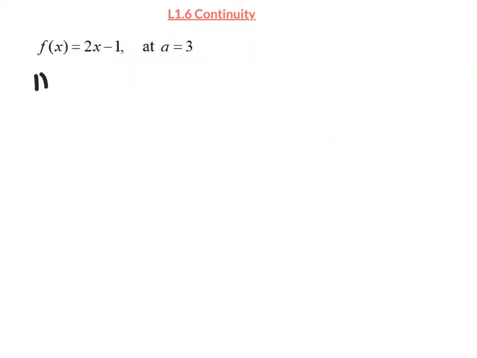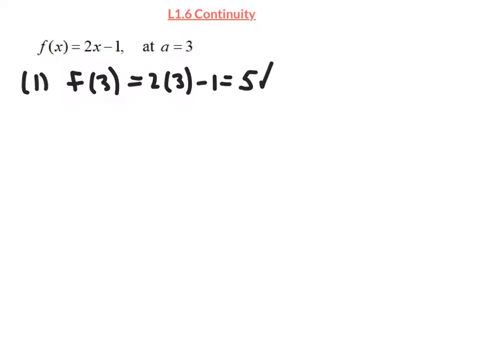Step 1. Does the function exist at the value? So in it goes. And we get the value of 5. So step 1 has established that indeed we do have a real value that comes out from this, so it does exist. Step number 2 is to evaluate the limit as x approaches 3 of that function.